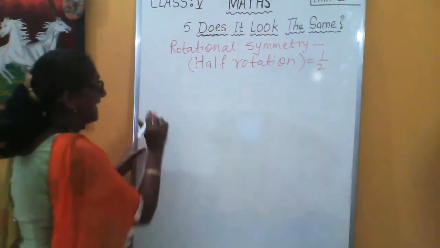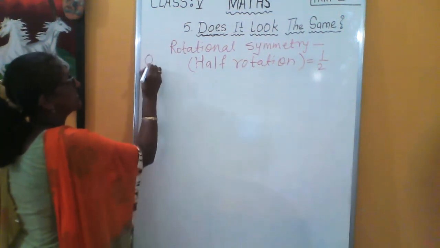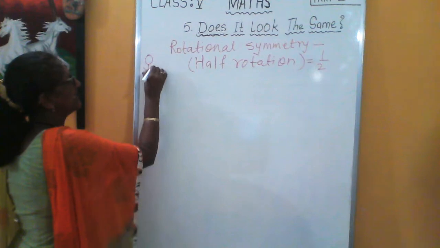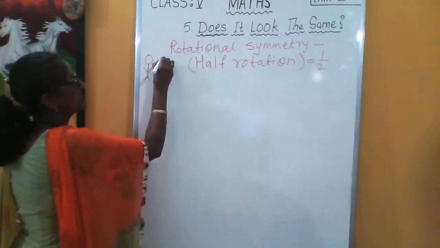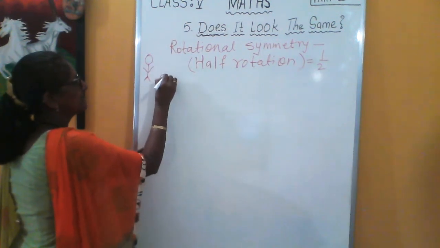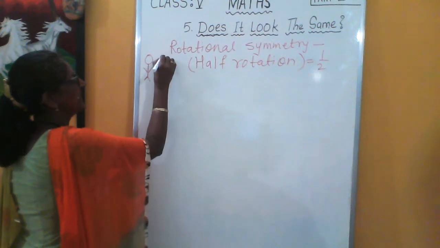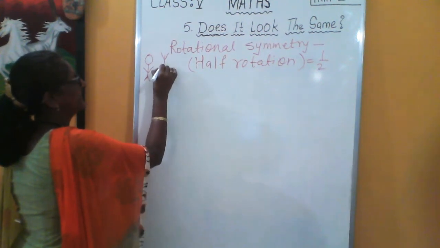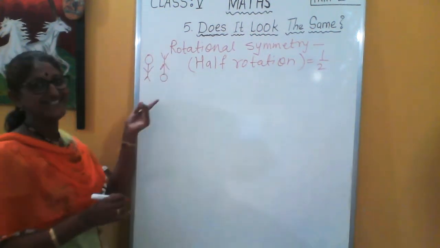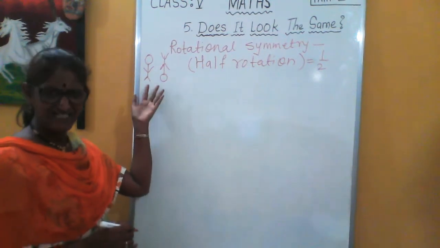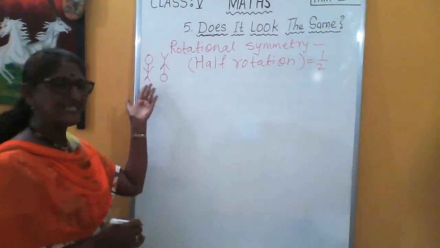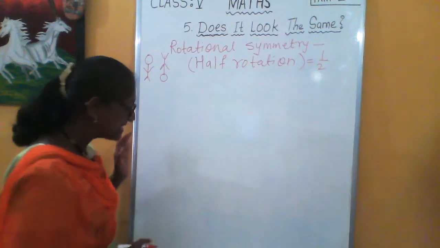You have to think that suppose this is a boy or girl standing here, and when it comes in the opposite direction, then it is called a half rotation. Remember this figure so that it will be easy for you.